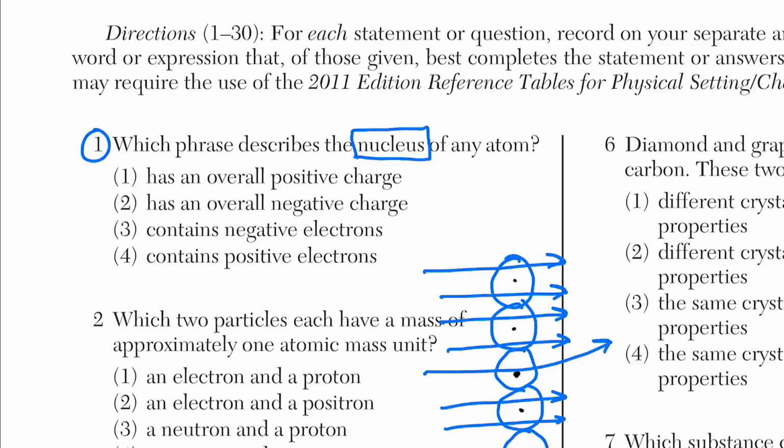You should know that the nucleus has an overall positive charge. Ernest Rutherford in the gold foil experiment discovered that because he shot positive particles and they deflected away from the positive nucleus. When you shoot a positive toward a positive, they will repel themselves and deflect away.